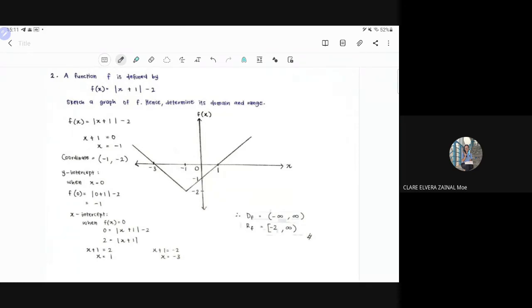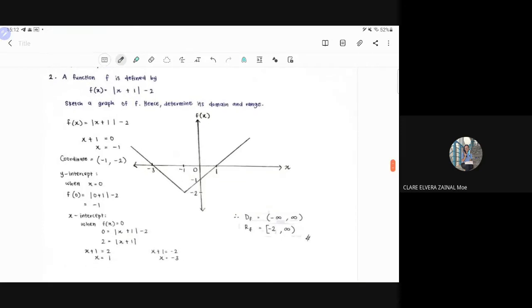Okay, so we start from the coordinate we obtained, which is -1, -2, and we just draw a straight line upwards to make a V shape. So the point where we cross the y-axis is the y-intercept, and the point where the graph crosses the x-axis is the x-intercept. Lastly, the question asks us to find the domain and range.